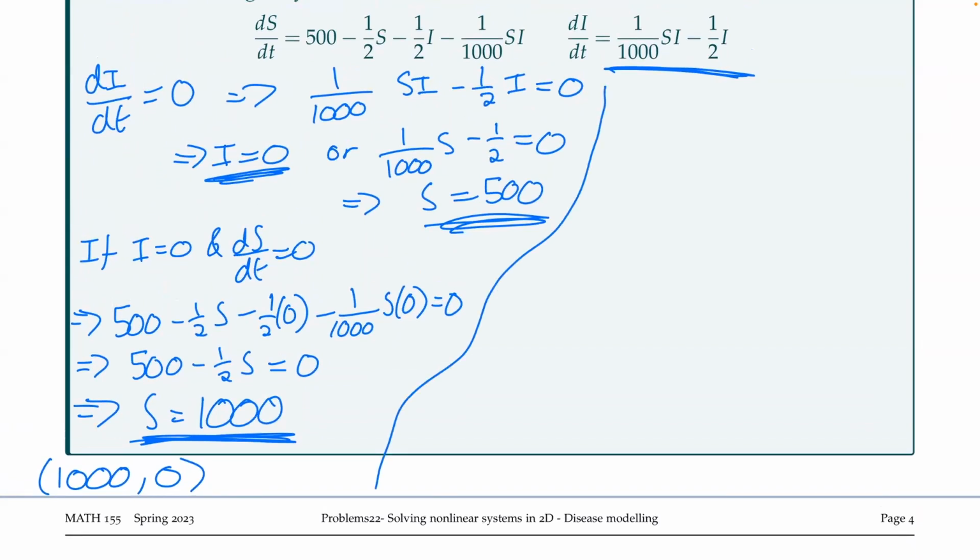So now we do exactly the same, but rather than substituting I is equal to 0 into our dS/dt is equal to 0, we're going to substitute this value here, S is equal to 500.